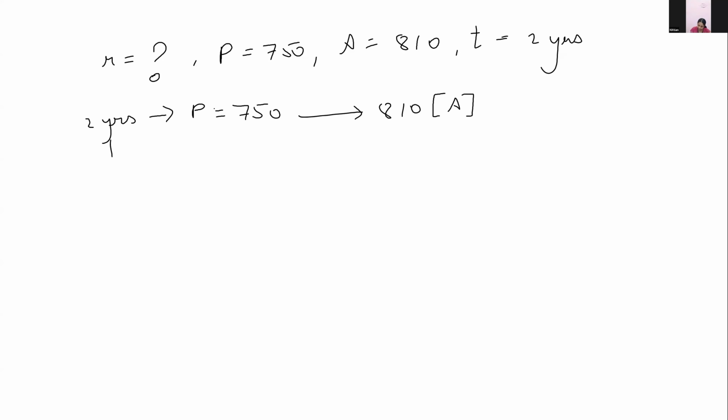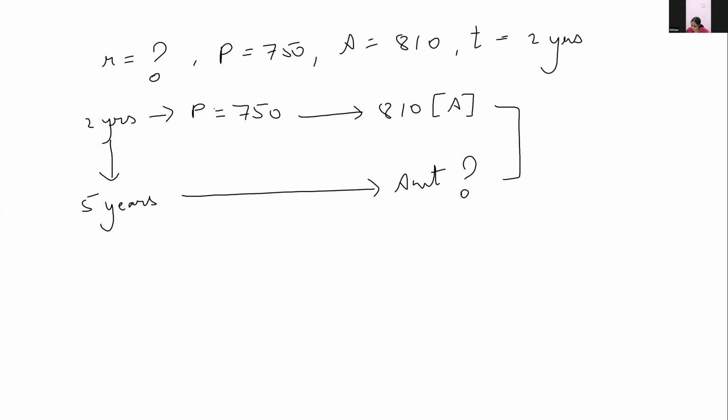Then it's saying that in 5 years, at the same rate of interest, how much would be the amount after 5 years? Here, the rate is same. Exactly. Okay, this was my question.